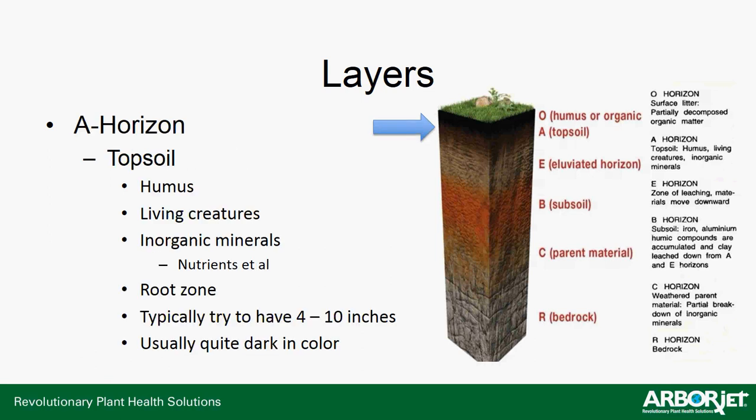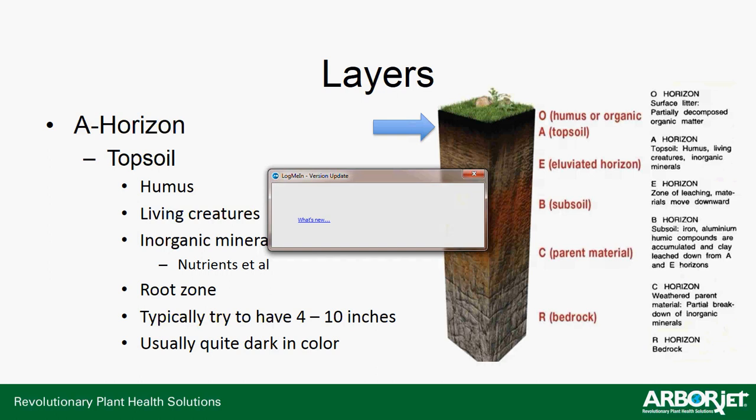After that, it's going to start really mixing in with the topsoil, which is your A horizon. So that's where the settled out humus is, your living creatures, your inorganic materials, your nutrients. That's the main area for your root zone. And you typically want to try to have 4 to 10 inches of topsoil, depending on what types of plants you're needing.